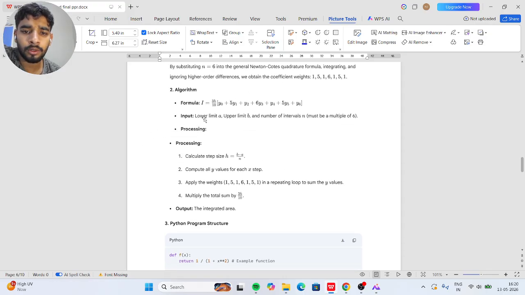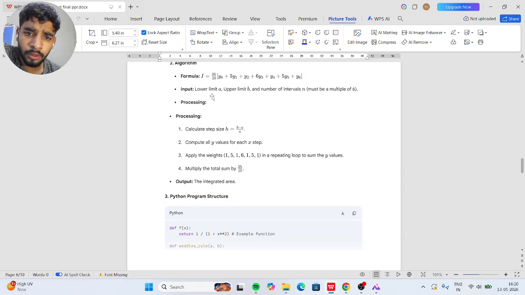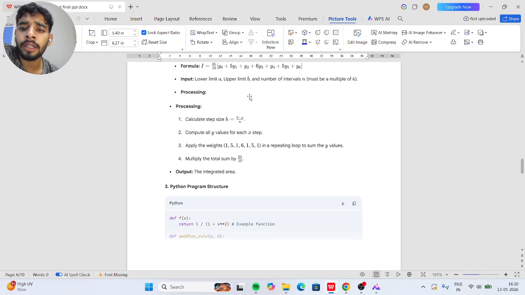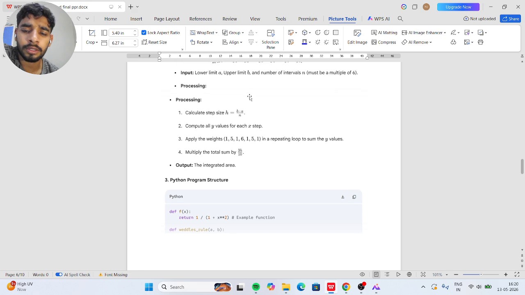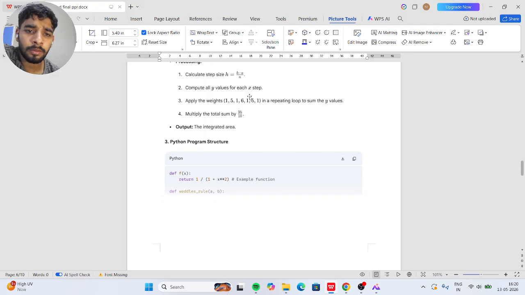So y0 into 1, y1 into 5, y2 into 1, then y3 multiplied by 6, y4 multiplied by 1, then 5 and 1 similarly. The input is the lower limit a and upper limit b, and the number of intervals n must be a multiple of 6.